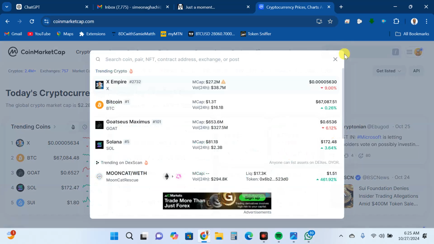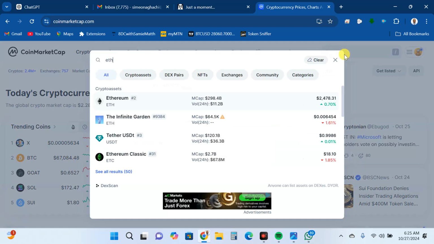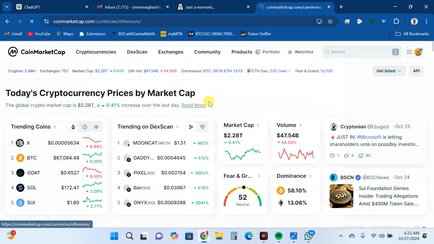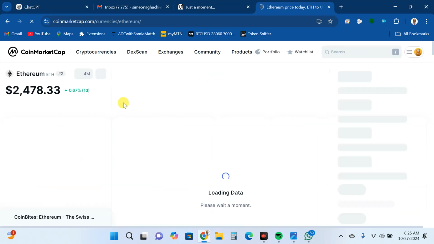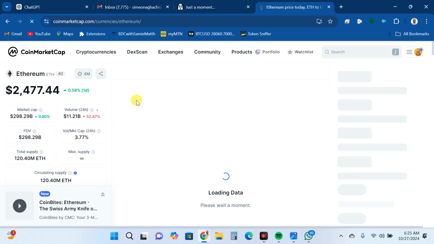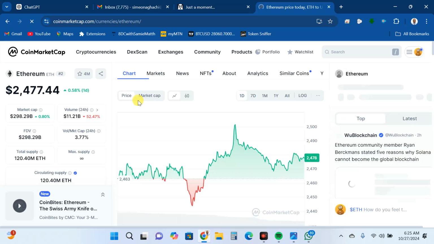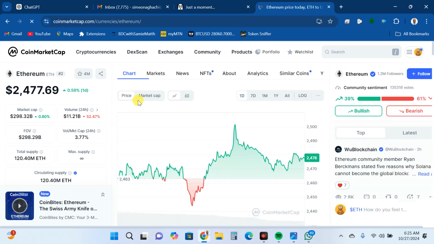Okay, so I prefer typing the ticker. We want to look at Ethereum. So, I'm going to type ETH and it pops up. So, when Ethereum pops up like this, we are going to see a lot of details about it. So we want to analyze Ethereum, and you're going to see how to analyze a coin using CoinMarketCap.